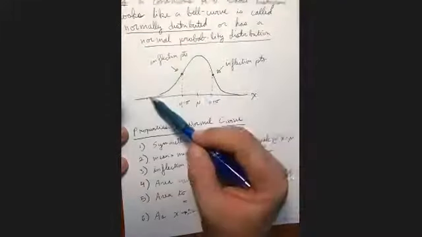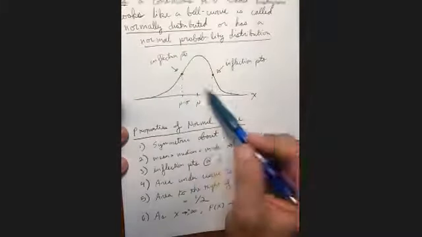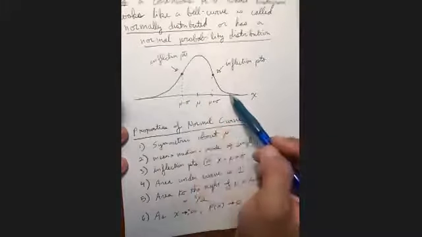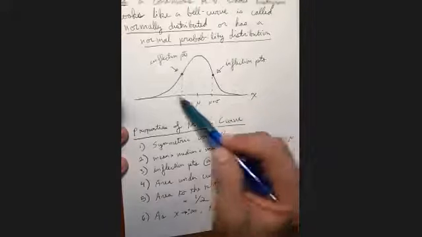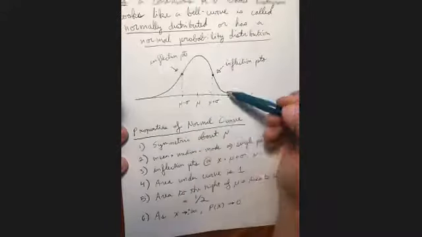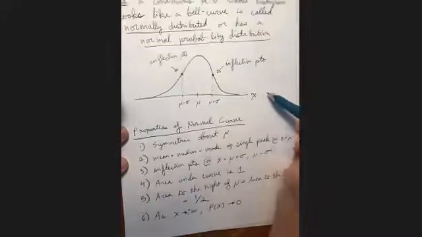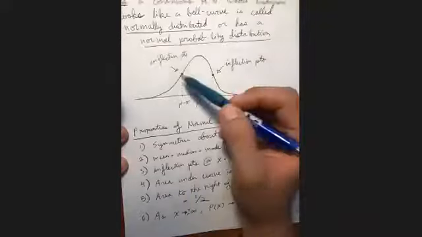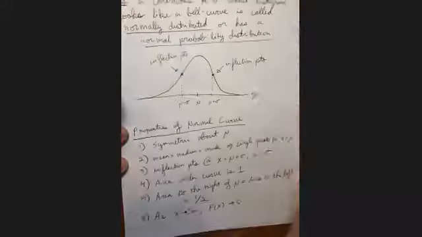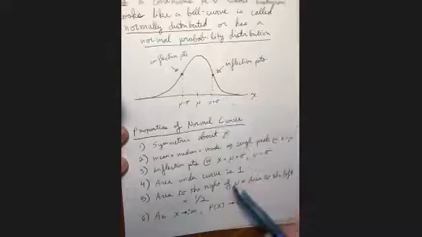Now, it looks like they touch in the way I've drawn it, but in reality, the graph never actually reaches the horizontal axis. It gets closer and closer and closer, but it continues on forever to the right and forever to the left, never actually touching.